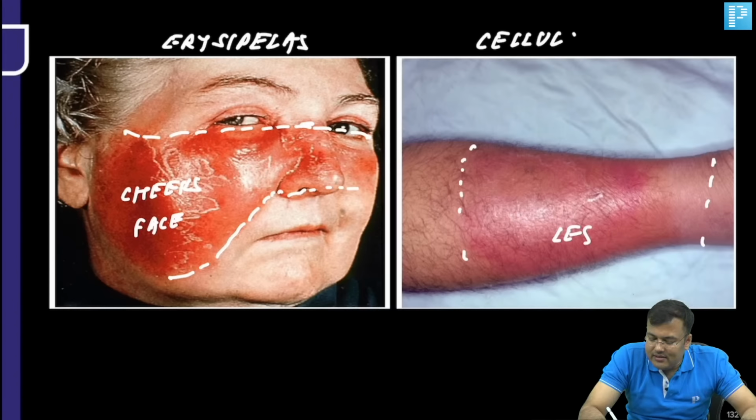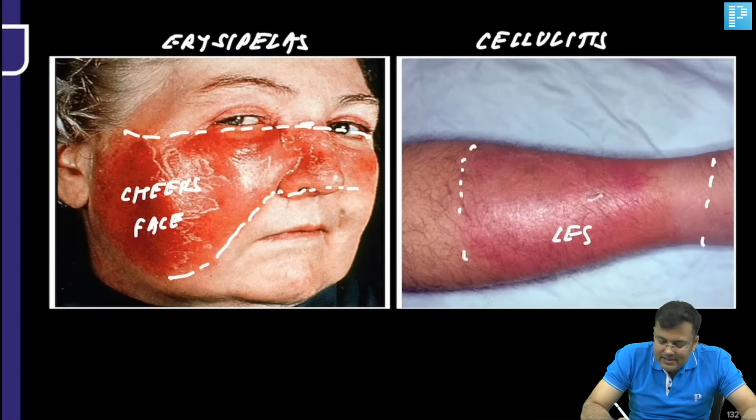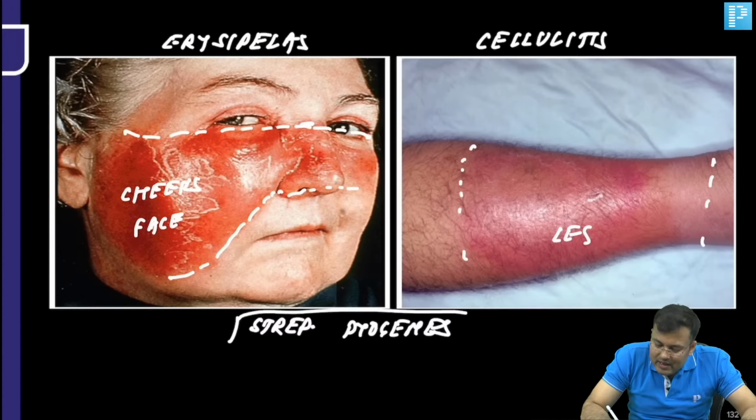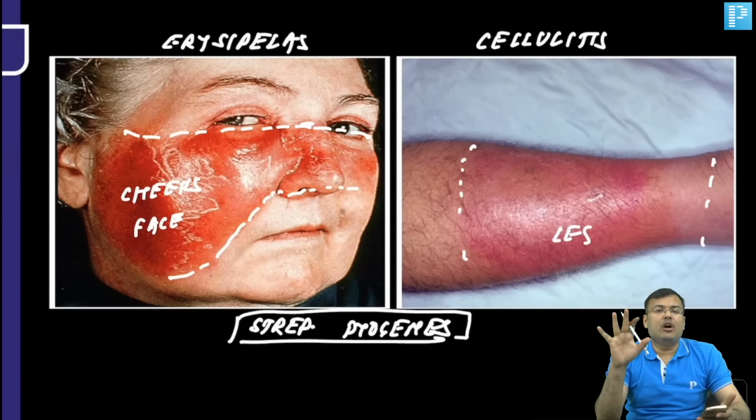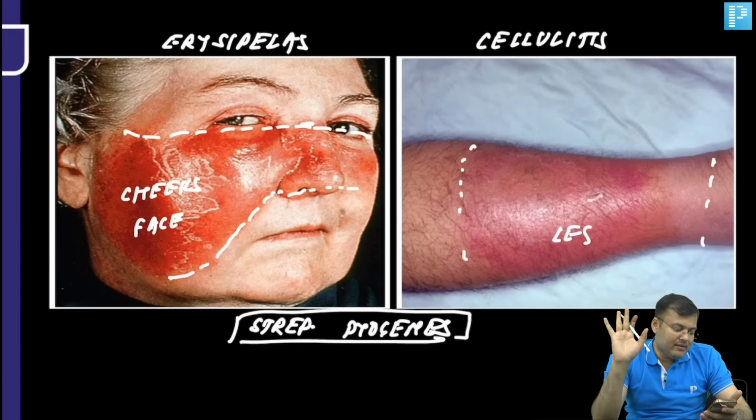Guys, what is the similarity between both? In both the organism is same, Strep pyogenes, most common organism. You have to tell me vesicles and bulla, these are more common in erysipelas or cellulitis. I am asking, yes, tell me the reply. What is the correct answer?